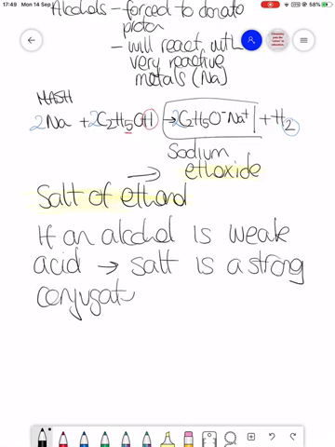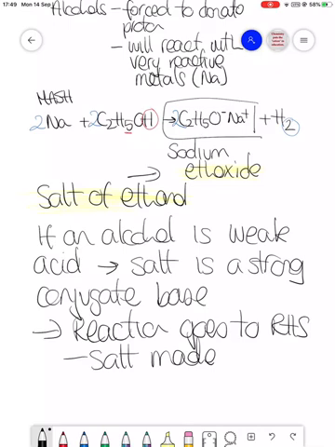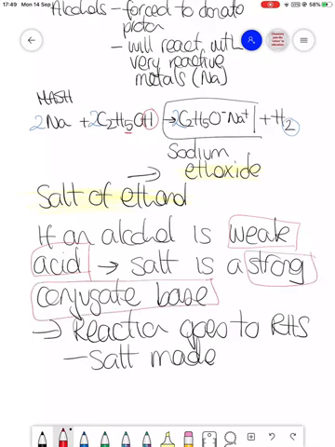And what does that mean when you're looking at an equation? Well, that means that the reaction will go to the right-hand side, so you will make the salt. Again, this is linking back: a weak acid is going to have a strong conjugate base.